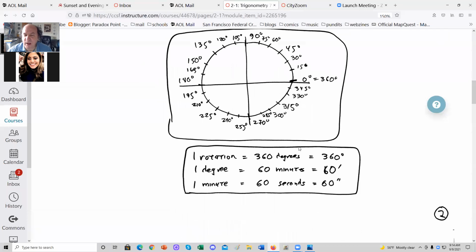So now, one rotation is called 360 degrees. One degree can be broken up into 60 minutes. That's a fraction of a degree, denoted with a little check mark. A minute is broken up into 60 seconds, denoted by two check marks.